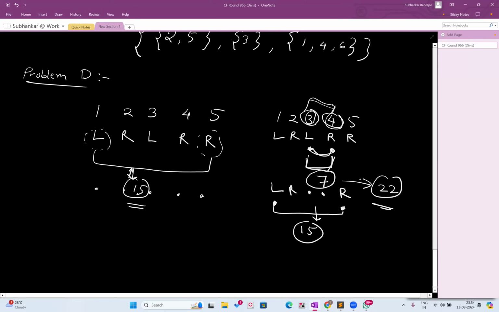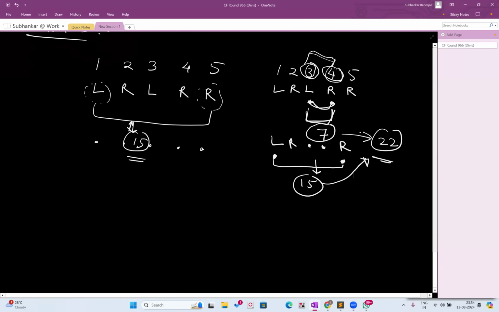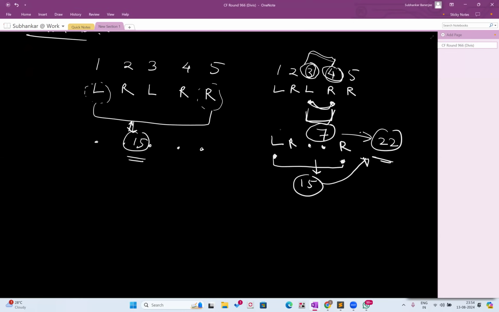So the updated string becomes like this, and we add 7 to the score. After that, I'll add 15 and make it 22. So the maximum score becomes 22 in this case.